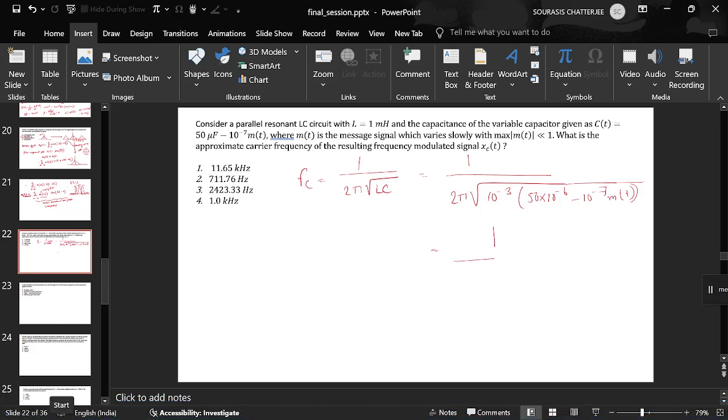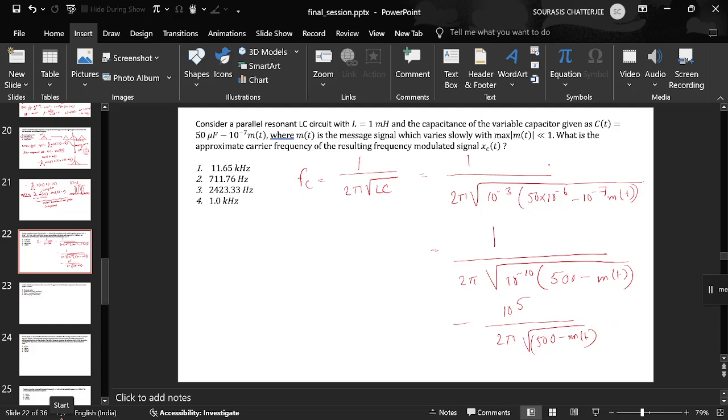If I take 10 to the power minus 7 common here, this becomes 10 to the power minus 10 times 500 minus m(t). So this will become 10 to the power 5 divided by 2 pi square root of 500 minus m(t).